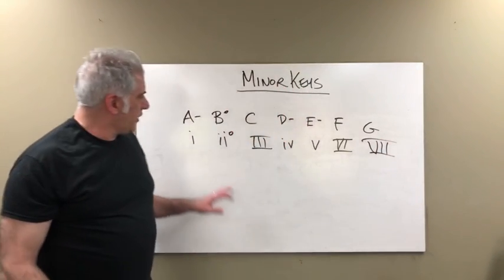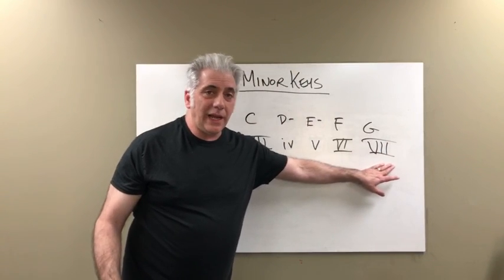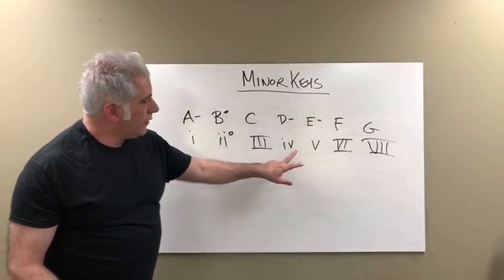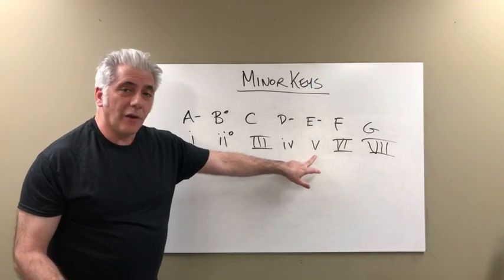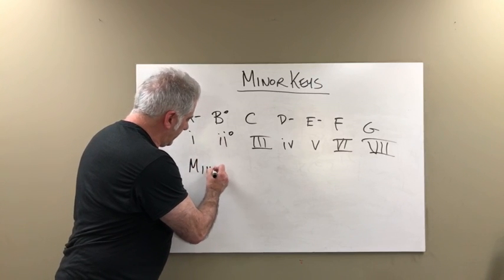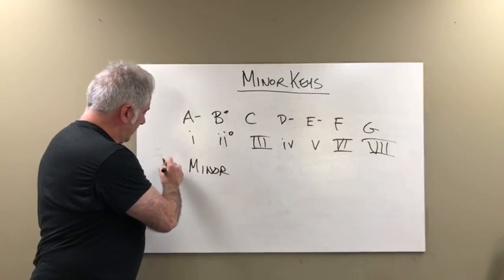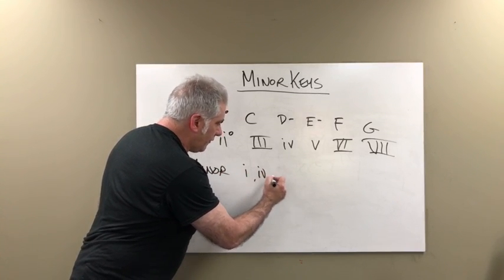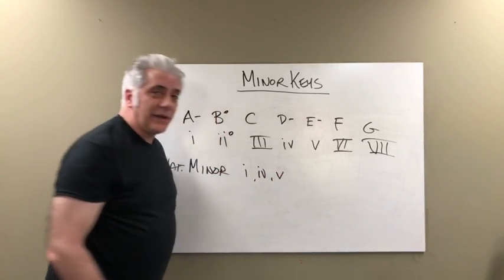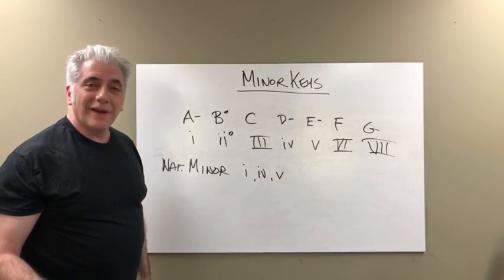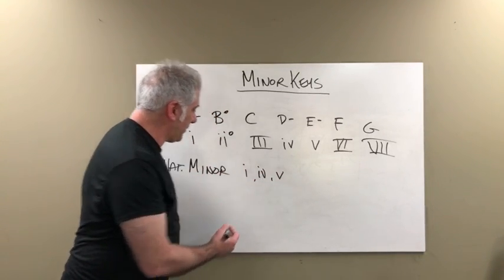Okay? So in a natural minor key, the 1, 4, 5 are minor. Just like in the major key, 1, 4, and 5 are major, right? Just the opposite.